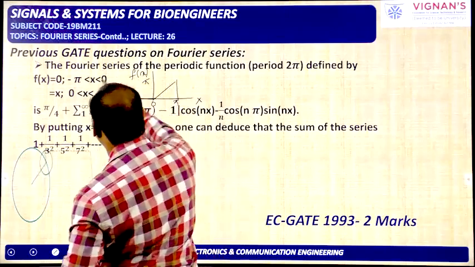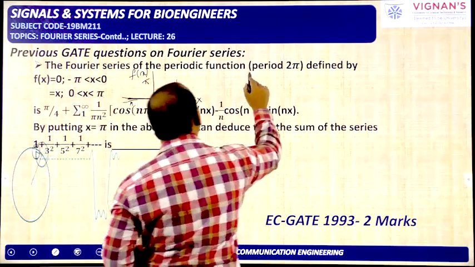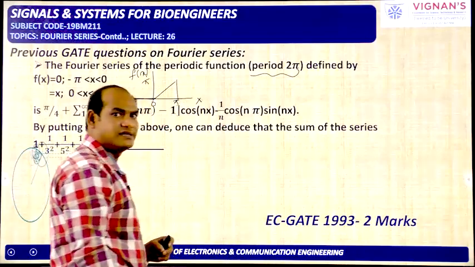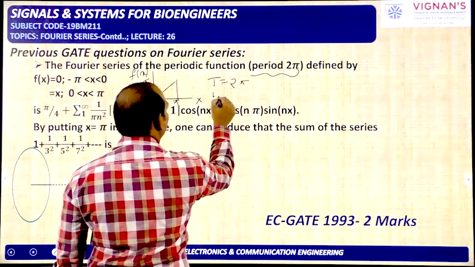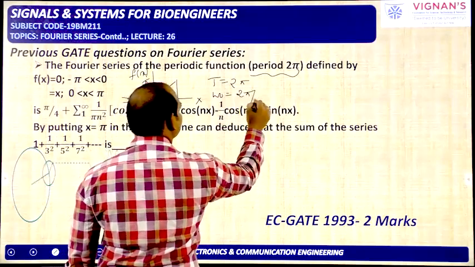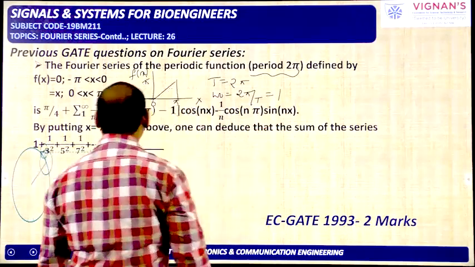What is the time period of the signal f of x? 2 pi, already they have mentioned here. Capital T is equal to 2 pi, and omega naught is 2 pi by capital T, which means 1 radian per second.